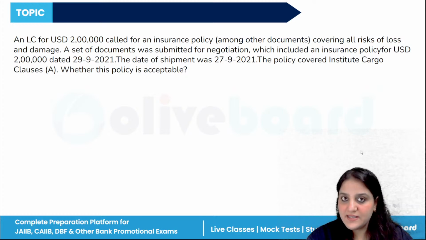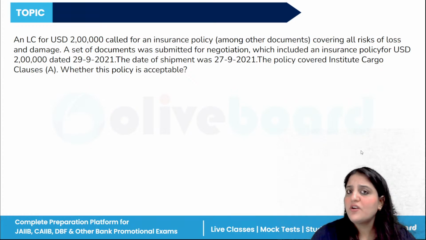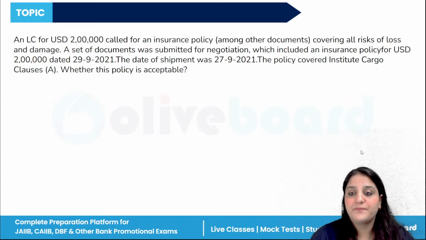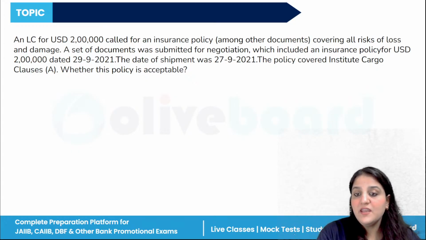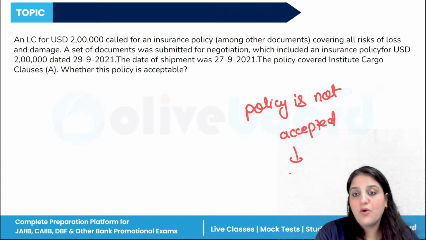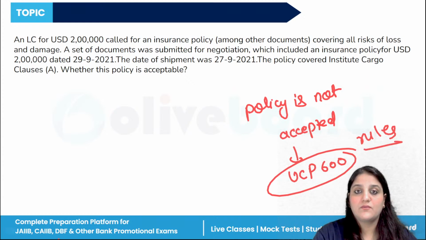Since the policy is dated after the date of shipment and does not state that the cover was effective from the date of shipment, it is not acceptable under UCP 600. So we can say the policy is not accepted, because the date of the insurance policy should not be later than the date of shipment.